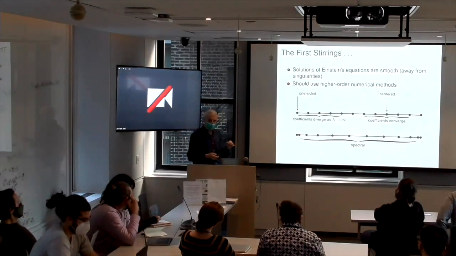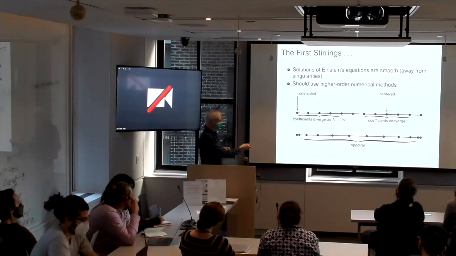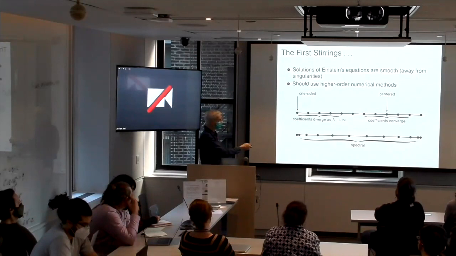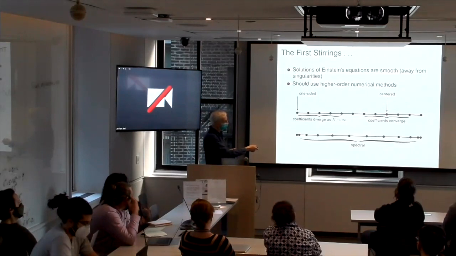Now the problem with trying to do that, so let's look here. This is supposed to represent grid points in some mesh that you're using to solve your PDEs. So if you want to get a derivative at this point, a high order method means that you use information from several grid points in the neighborhood of this point.